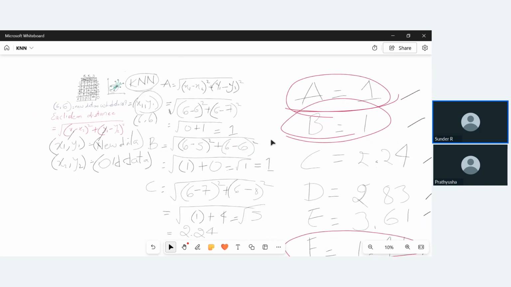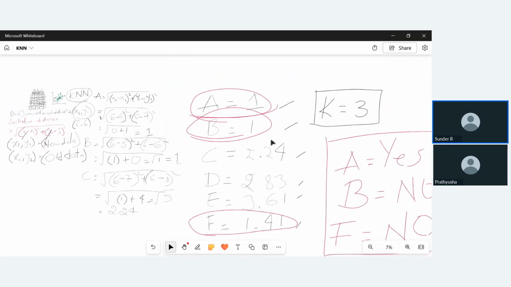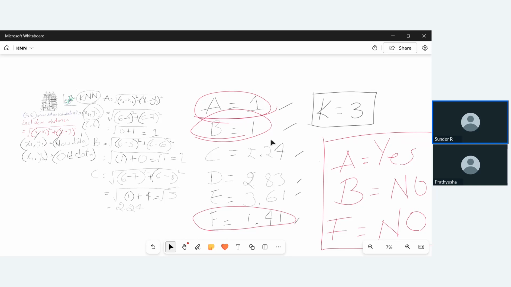So next, what you will be doing is you will be first identifying, are you going to consider the first 3 neighbors or the first 4 neighbors? So in this case, what we are going to do is we are going to find from this distance formula, we will be selecting only the values that are very less. Okay.